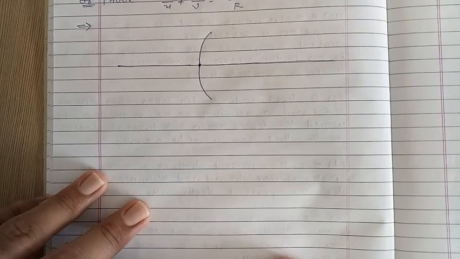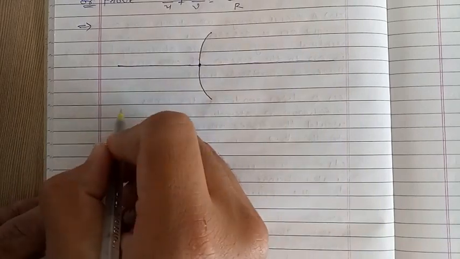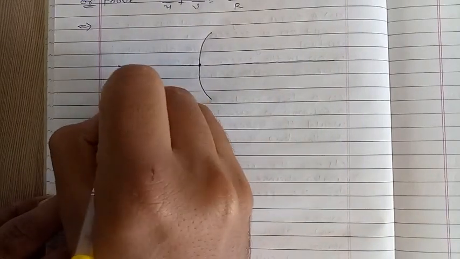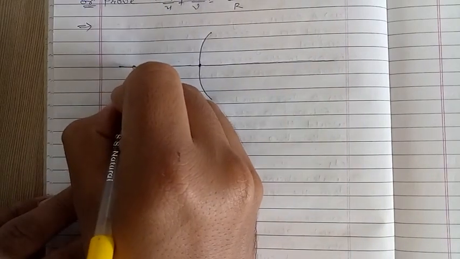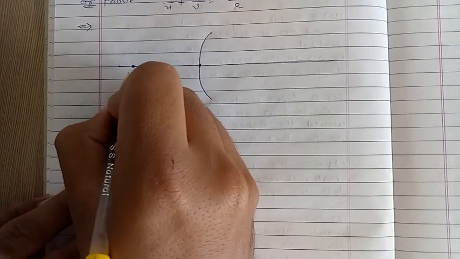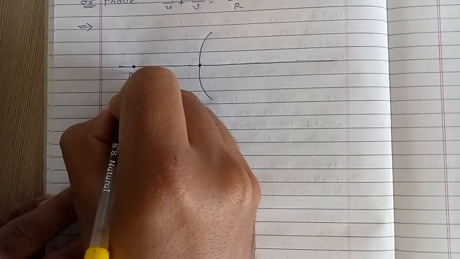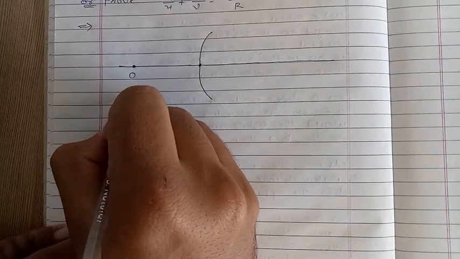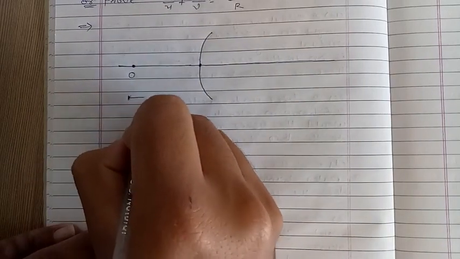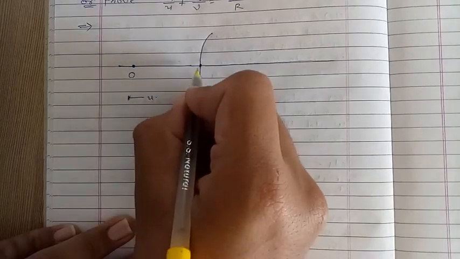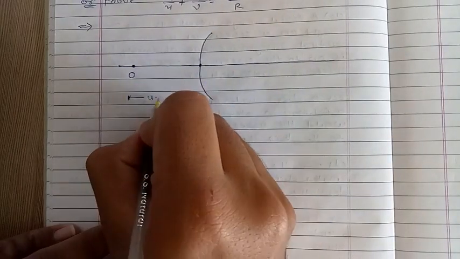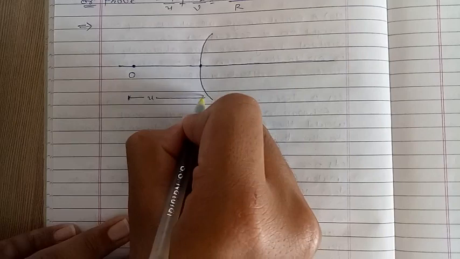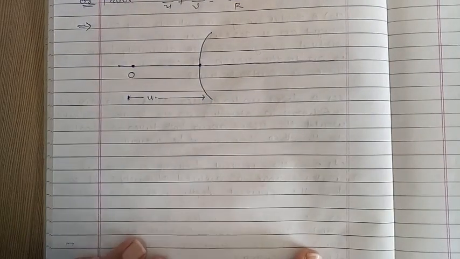Okay, now suppose here at this point we put an object O, right? So we can say that the distance between the center of spherical surface and object is known as object distance, right?